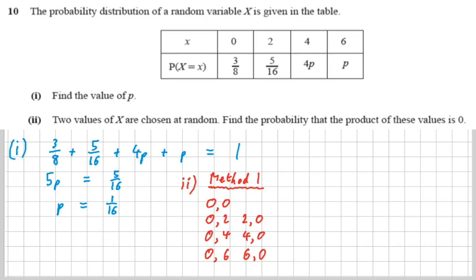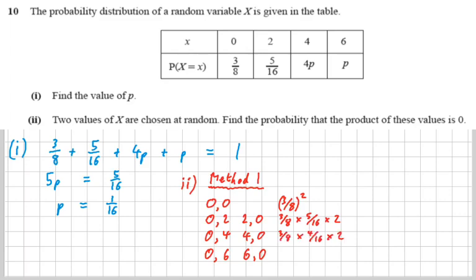So we just need to add up all of the possibilities now. Probability of getting 0 and then another 0 is 3/8 and another 3/8 multiplied together. 0, 2 would be 3/8 times 5/16, and 2, 0 would be 5/16 times 3/8, so I'm just going to double that.